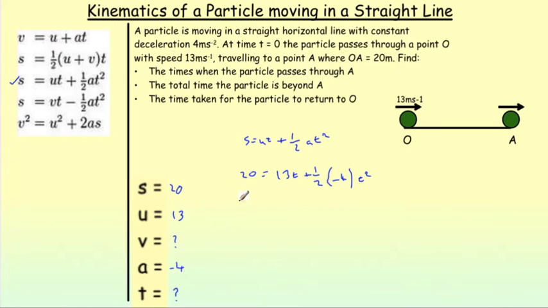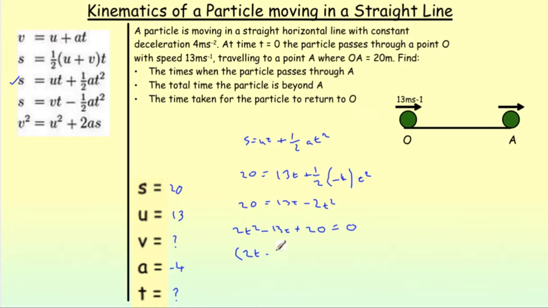So when we tidy that up, we end up with 20 is equal to 13T minus 2T squared. So we can rearrange this then to form a quadratic. We bring everything on the right side over to the left. We get 2T squared minus 13T plus the 20 is equal to 0.